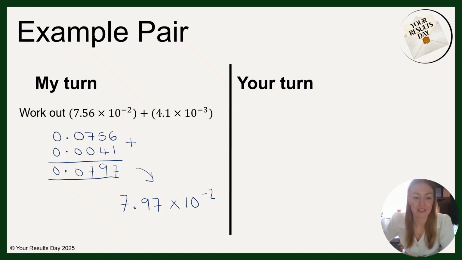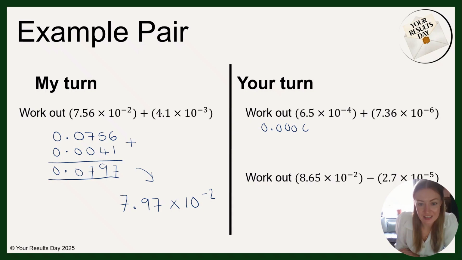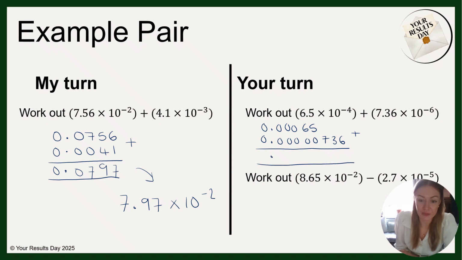Here's 2 more questions for you to have a go at. Pause the video and hit play when you're ready to see the answers. So we have got 0.00065 and 0.0000736. You may have seen, if you're quite confident with your place values, how these two could have just slotted together, but it's always good practice to write down the working out in full.